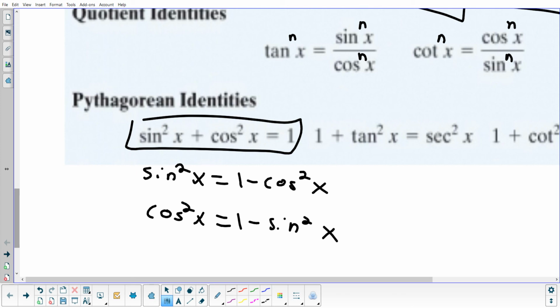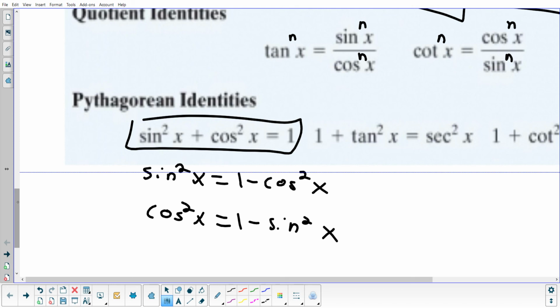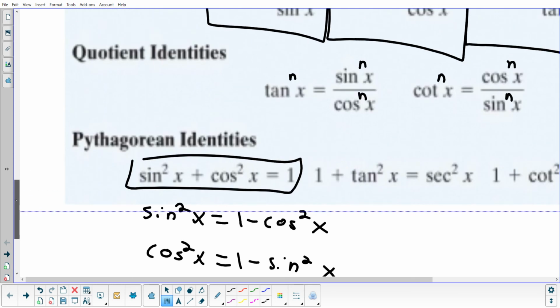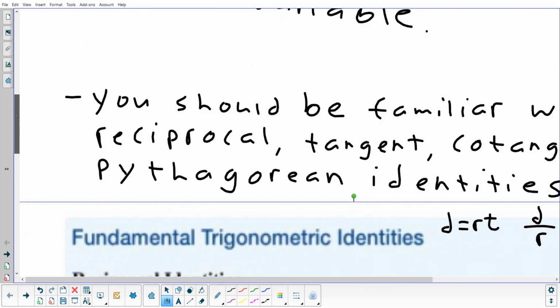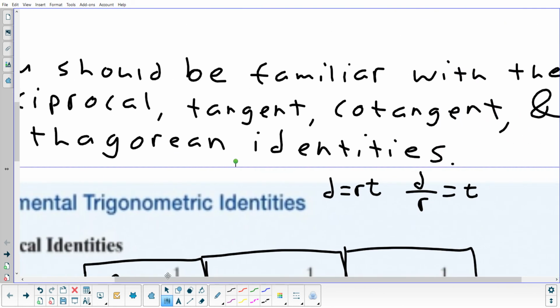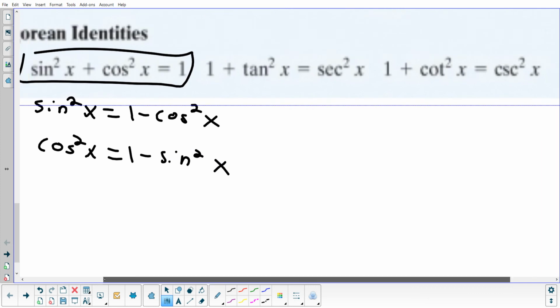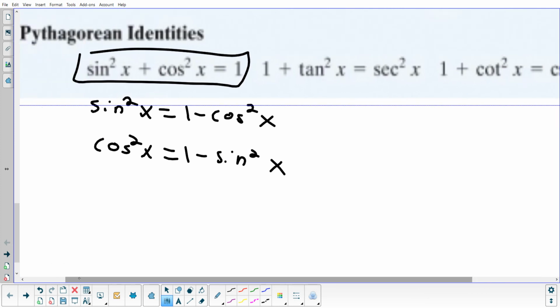That's two different ways of rewriting the same identity, just by subtracting something and putting it on the other side. Same idea as this. Those are not two different formulas. It's the same formula, but you move something to the other side. You can rearrange any of these. I could put the tangent squared over on the other side. I can rearrange it any way I want.